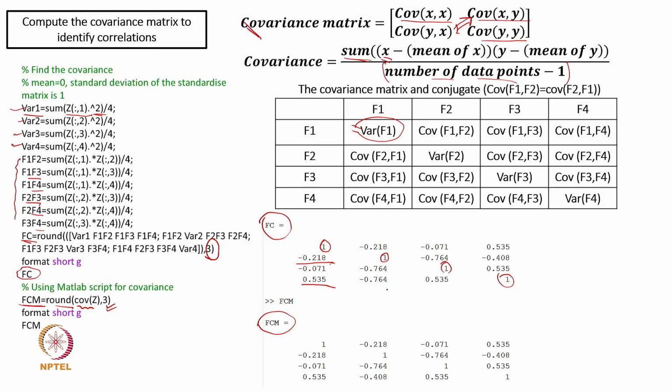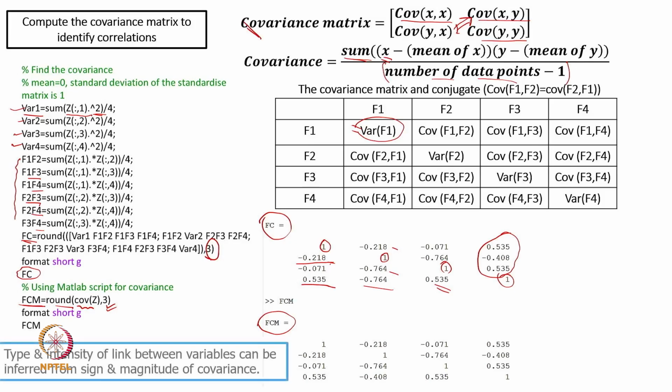Now, in this case the second column, all 3 correlations are negative except the diagonal element 1. In the third column, the first 2 are negative and the last one is positive, while in this case 2 are positive and 1 is negative, right. So we are talking only about the off diagonal elements, and what is the meaning of that?